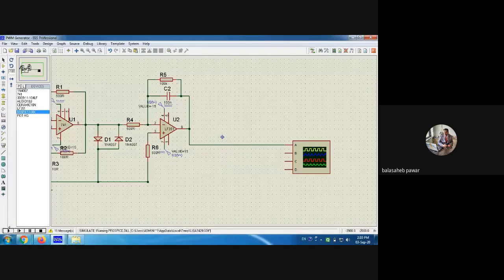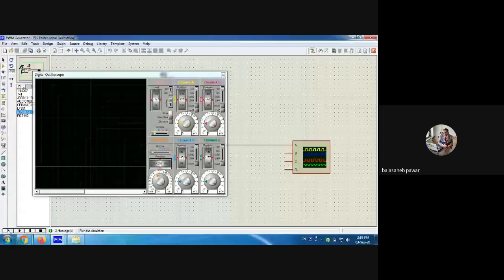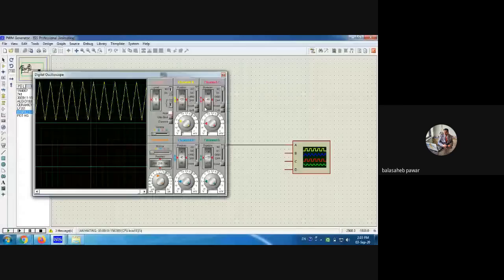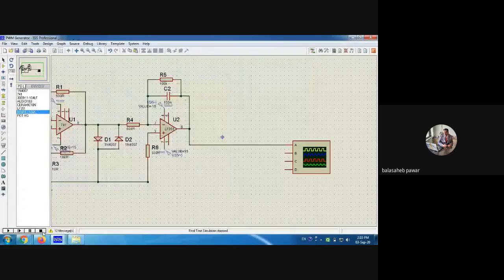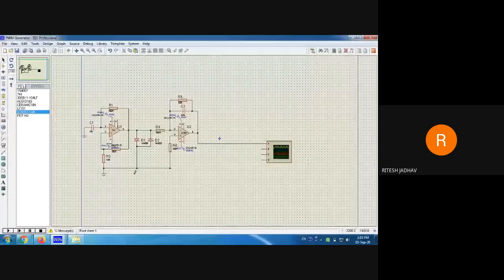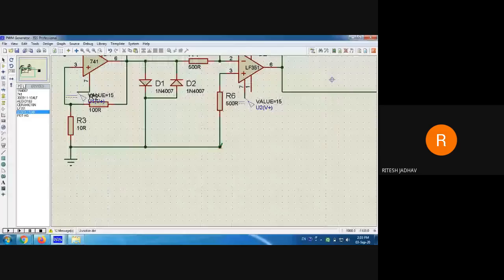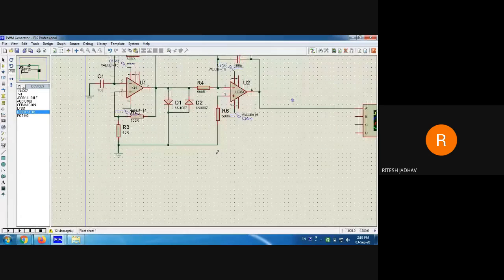The triangular wave generator is working properly up to the triangular wave, no issue. But when I connect it to the comparator, this signal also gets zero. That's why I am asking. Do you have the same problem, or did you get it? According to me, there is somewhat loading effect.